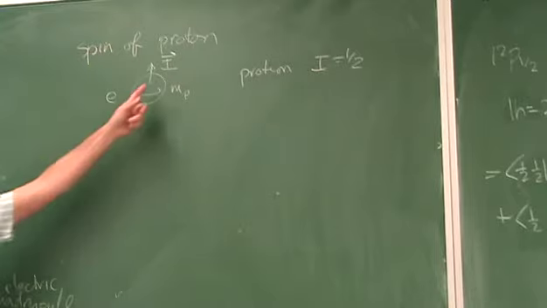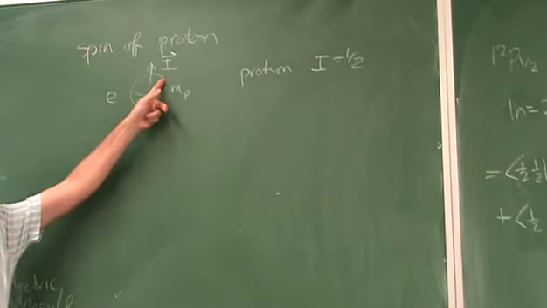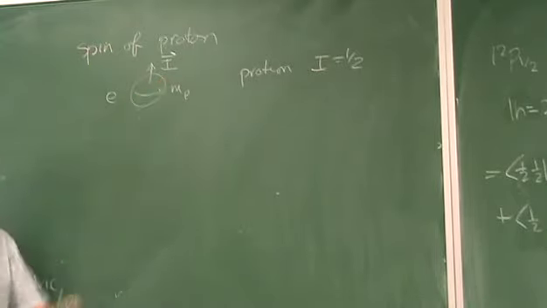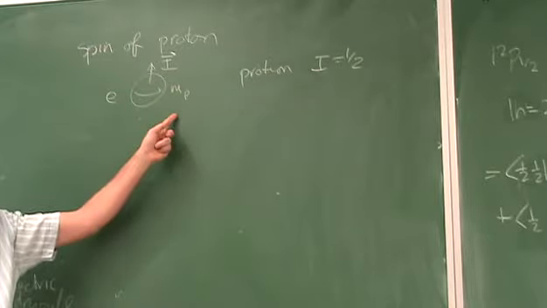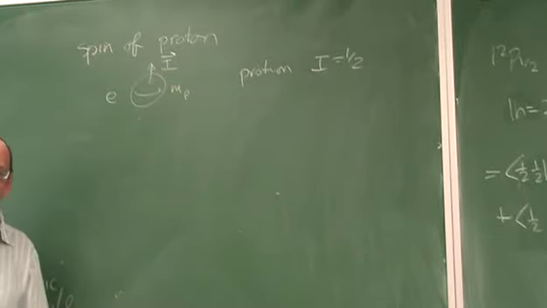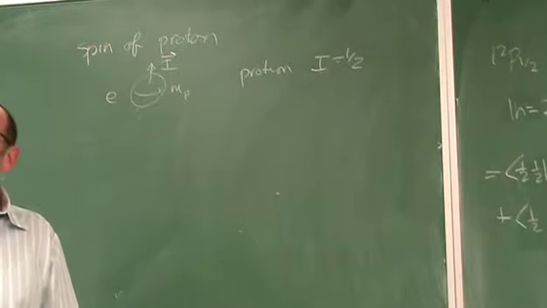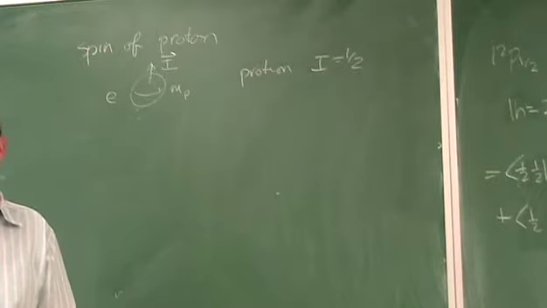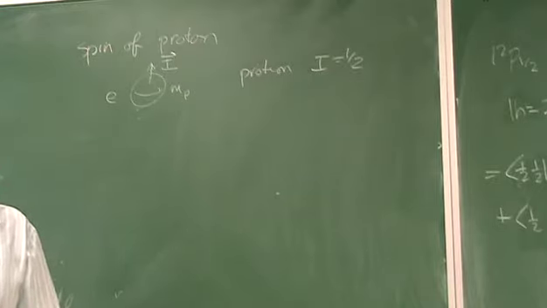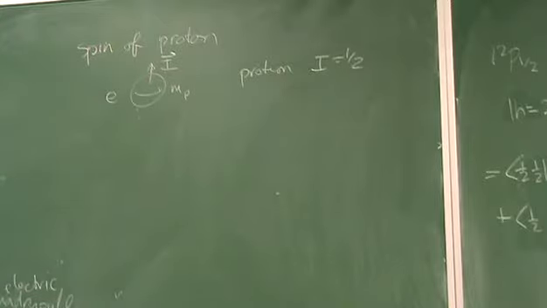For a fixed angular momentum, the angular velocity goes like 1 over the mass. So the current goes like 1 over mass, therefore the magnetic moment is going to go like 1 over the mass. That's why the magnetic moment of the proton is a lot less than the magnetic moment for an electron with the same angular momentum.